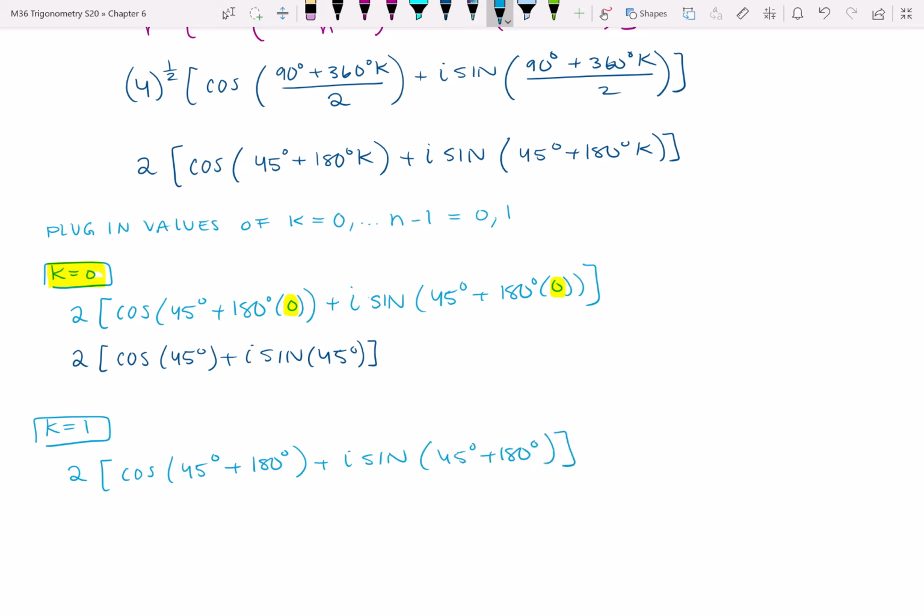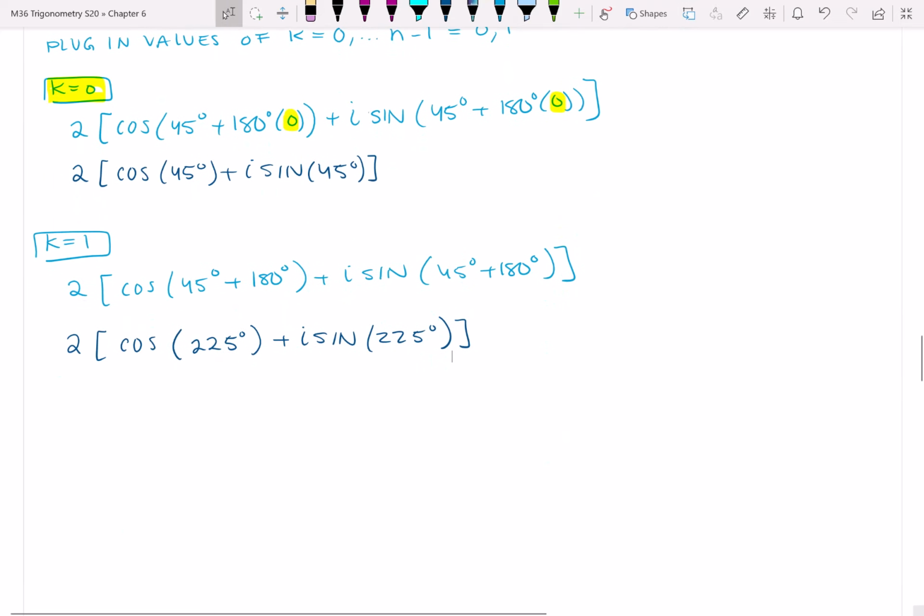Let's clean that up a little bit. So we get 2 times cosine of 225 degrees plus i sine of 225 degrees. And so these are the square roots of that complex number.